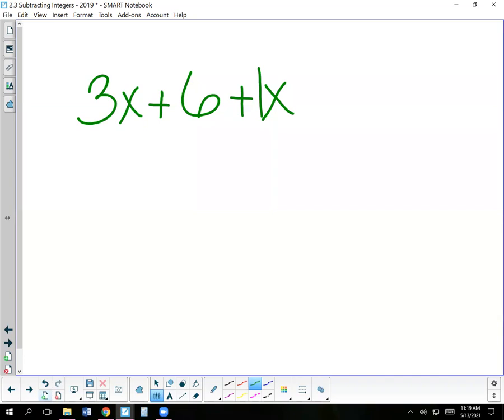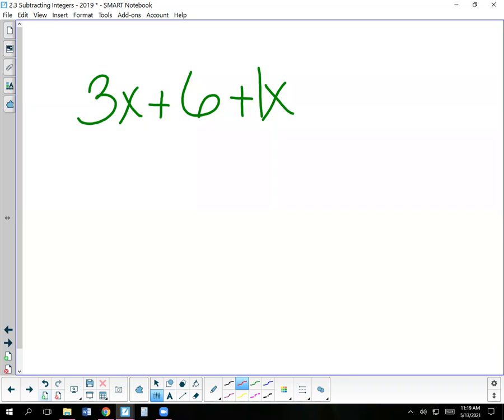What are my like terms? What am I allowed to add together, Karma? Why am I allowed to add only the 3x and the 1x? They're both x's, right? They're alike.